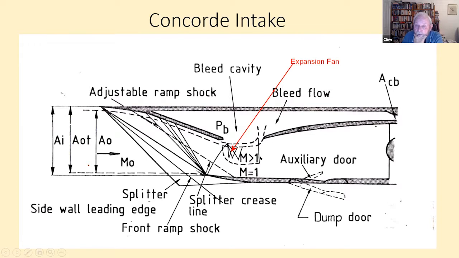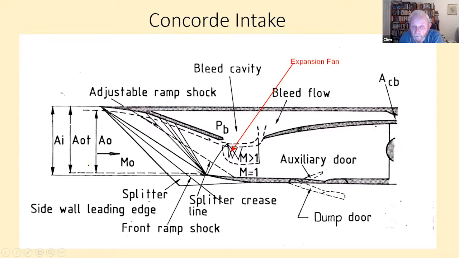The whole thing doesn't go finally to Mach 1 all the way across until you go through this terminal shock. Now, behind that terminal shock, the static pressure is obviously bigger than it was in front of it.